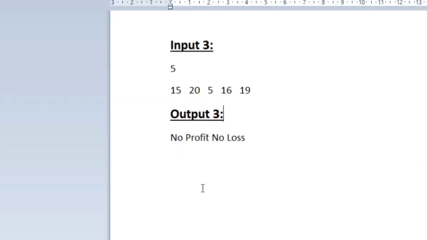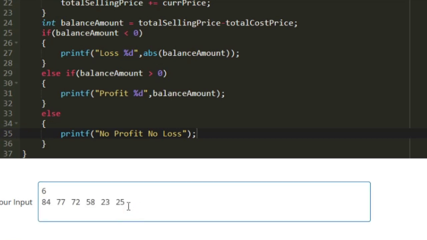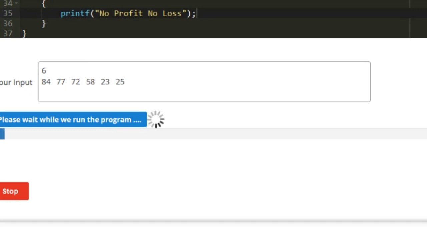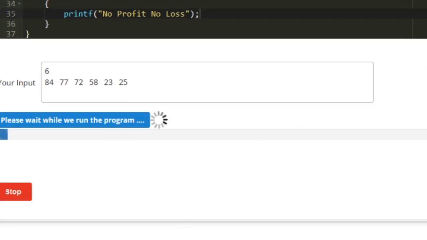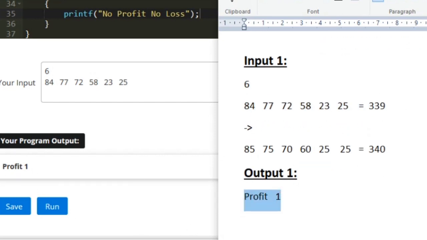Now let us check our program with sample test cases. So this is our sample input 1. The expected output for sample input 1 is profit 1. Here we can see that we also get profit 1 as our output.